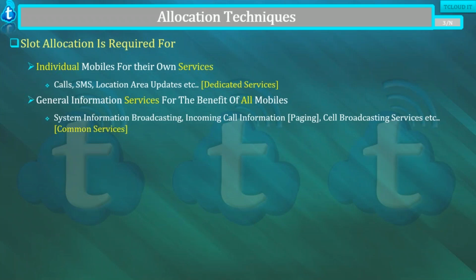Once mobile equipment reads this system information, by detecting in whichever slots those system information is placed, by detecting those slots, if mobile started reading the system information, mobile will be able to find out. By converting the digital data into actual protocol message, mobile understands that, oh, this network is Reliance network, I should not latch on to this network. Oh, this is Idea network, I should not latch on to this particular cell.